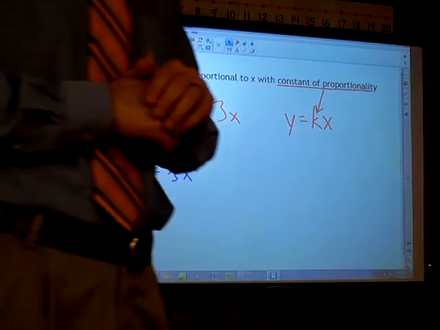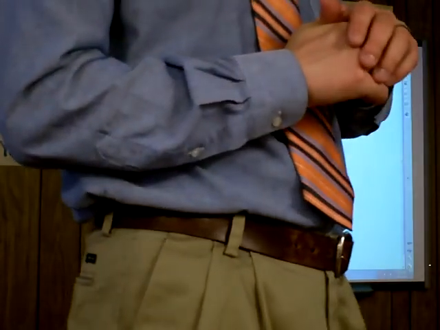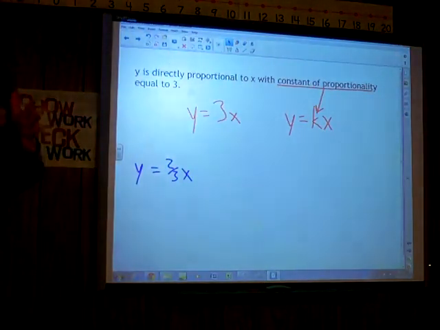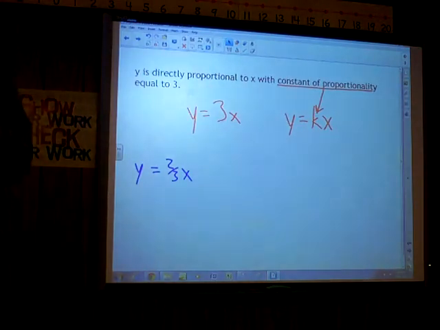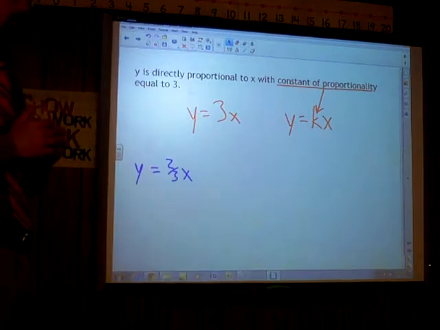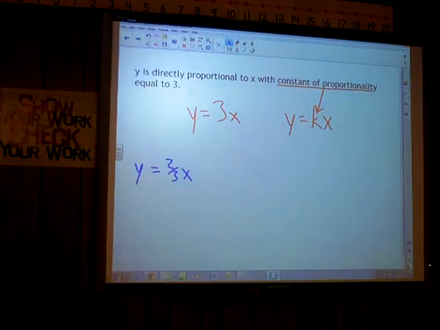All right. Now, how do we find the constant of proportionality again? We know it's directly proportional. Anna Marie? Y equals kx, all right. Well, if we don't know the equation, they didn't tell us.